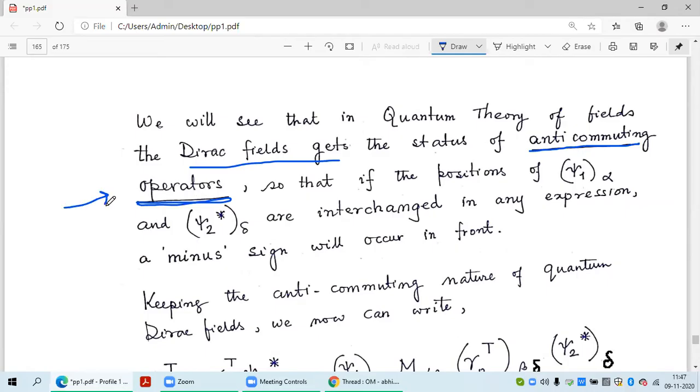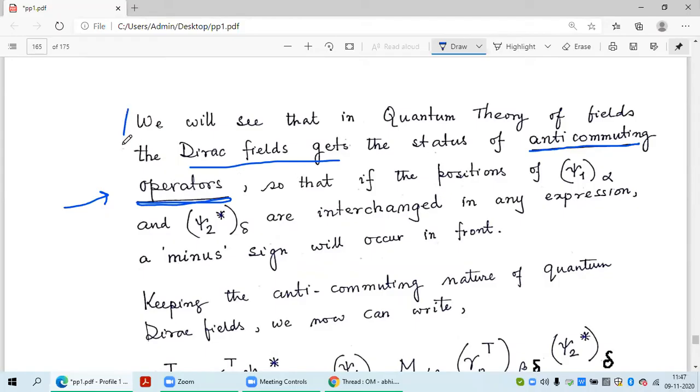Let me say why they will become anti-commuting operators. Because fermions obey the Pauli exclusion principle. That is a translation of this principle in terms of operators.